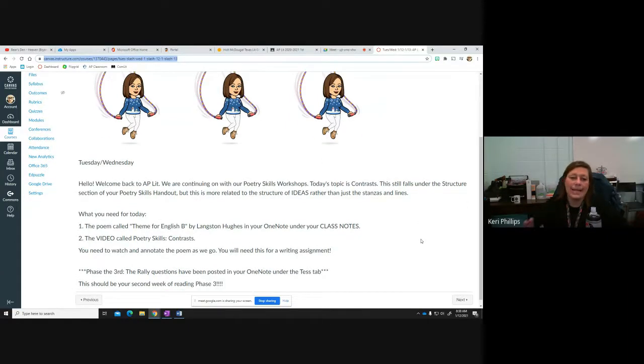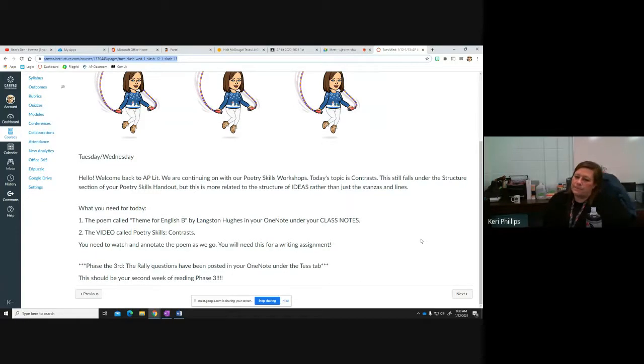But today we're going to continue on with the poetry skills, and we're going to specifically talk about contrasts. And contrast still falls under the banner of structure, but this is more about the structure of ideas. You still have to go through that thinking process to identify the ideas in a poem.